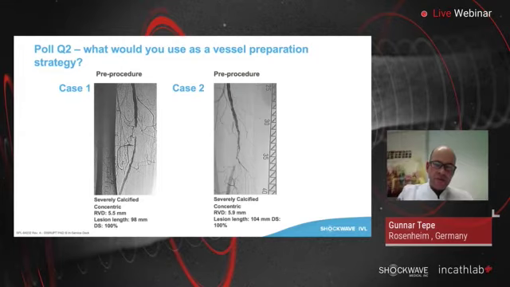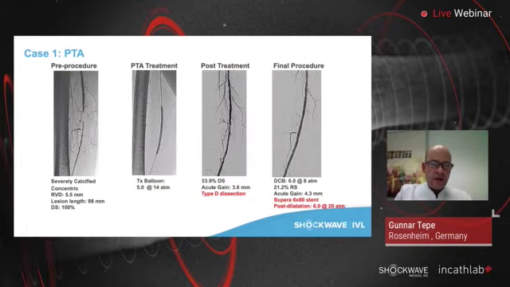Starting with case 1, and if we have the next slide here of case 1. That's something which we always do: we just cross the lesion. This case was out of that trial. It was randomized to PTA treatment, and as you see in the 3rd slide, it is antegrade flow, but it's not looking nice.